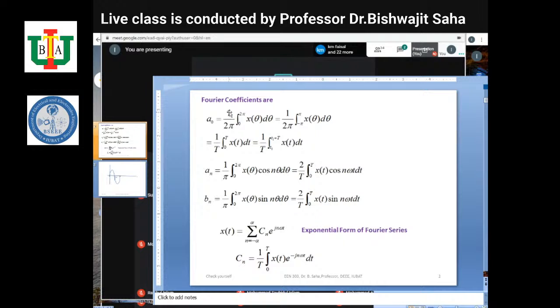A0 was 1 over twice pi, 0 to twice pi, x of theta d theta. Here 1 over pi is going to be half. Why here is An half? The reason behind it, if we take the An for full cycle, such as this cycle.